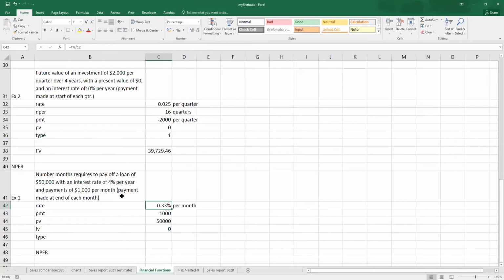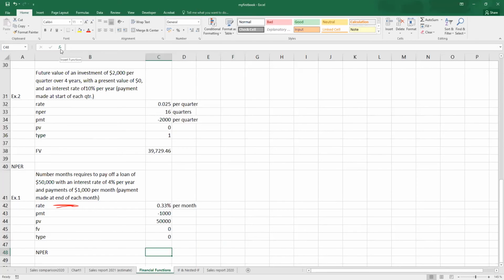After that, we see payment made at the end of each month. So that means type must be 0, because you pay at the end of the month. So from these arguments we can formulate the NPER function.